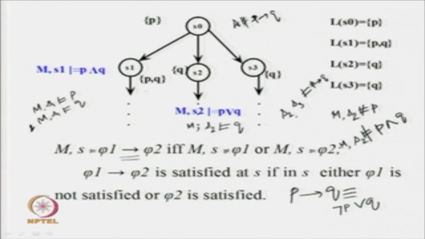If you come to this particular point, both P and Q are true, that means in this condition phi 2 is true over here. So you can say that S1 also models P implies Q. This is the way that we are going to look for the truth values of our CTL formulas.